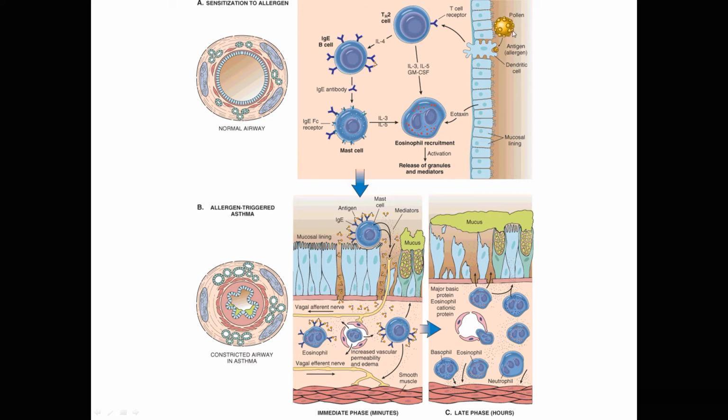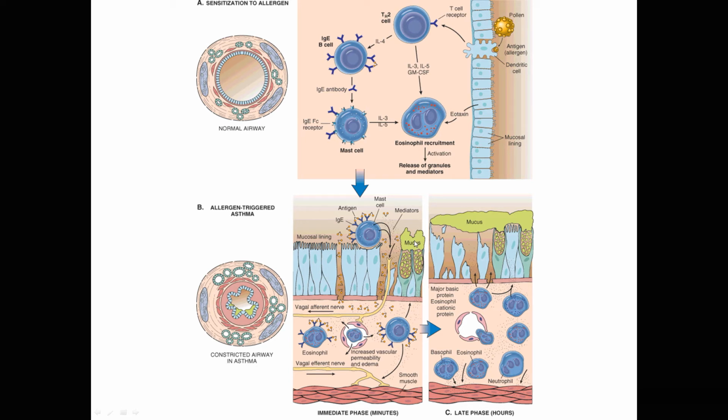Next exposure to pollen will allow the antigen determinant to bind to the antibodies covering the surface of the sensitized mast cell. As a consequence, release of mediators from the mast cell will cause the following effects: vasodilation and increased permeability and edema, eosinophil recruitment, and mucus overproduction.